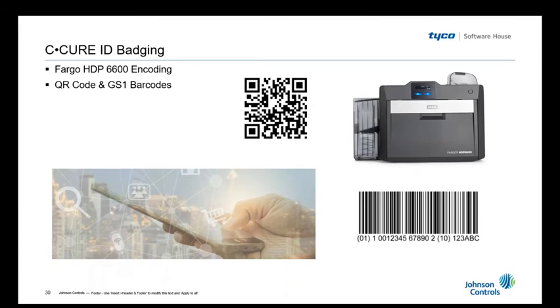So if you have some larger customers moving to that new type of smart card, please consider 2.9 and the new features we have in there. Yep, absolutely. And then that QR code and GS1 barcode, those are completely configurable. You can add them in your badge design. That was definitely a frequently requested item, especially QR codes. I know a lot of people are looking for that.